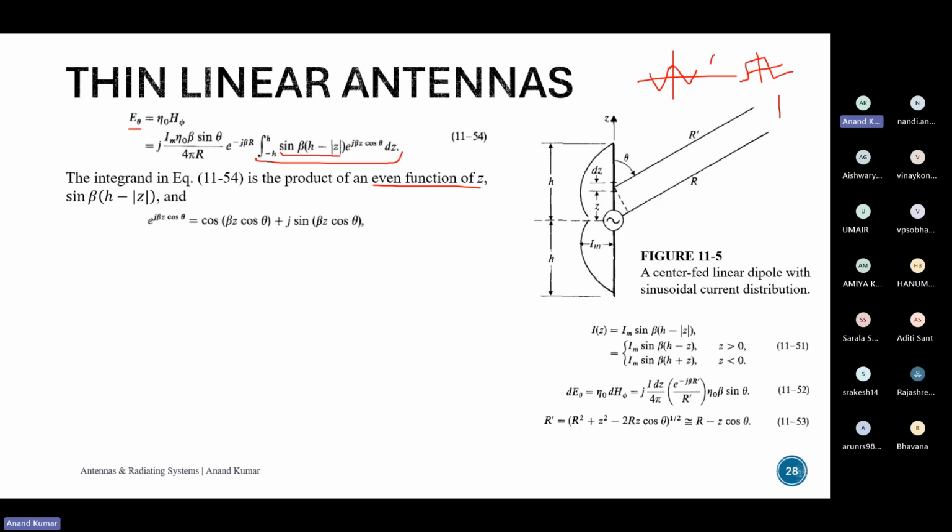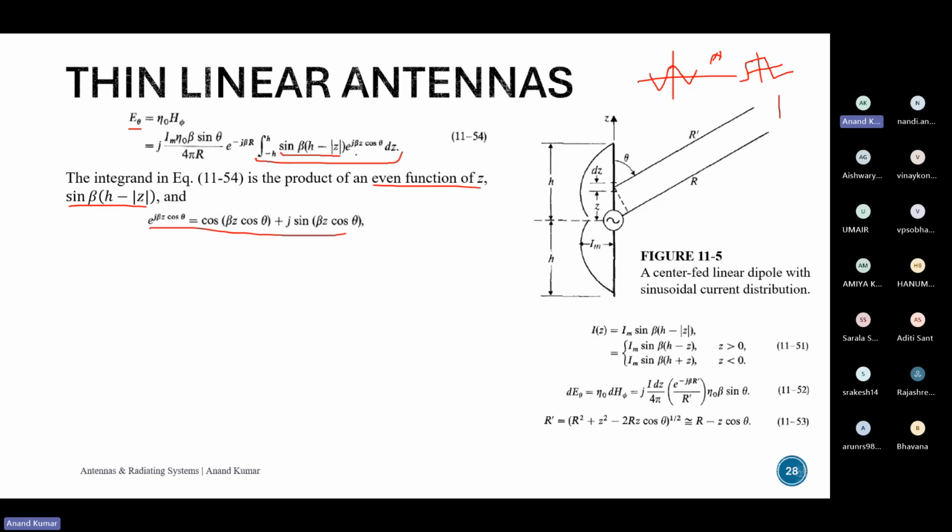I hope I'm drawing it correctly. You get the idea, it is symmetric along the axis. This is an even function, the sine beta term, and then this exponential term over here.